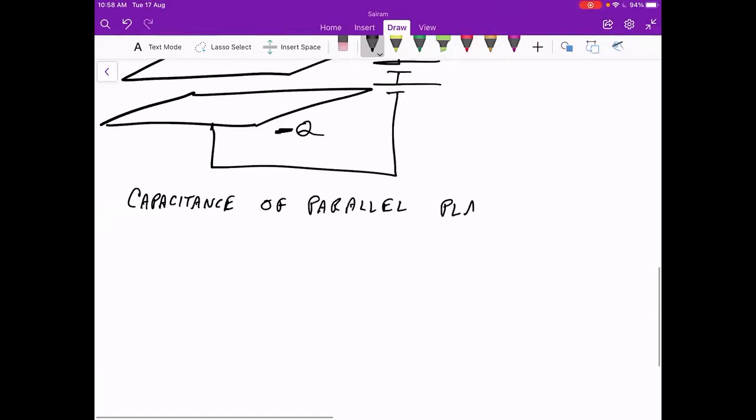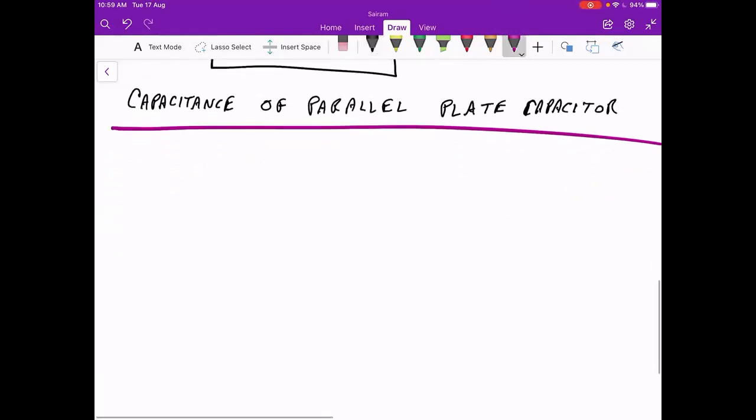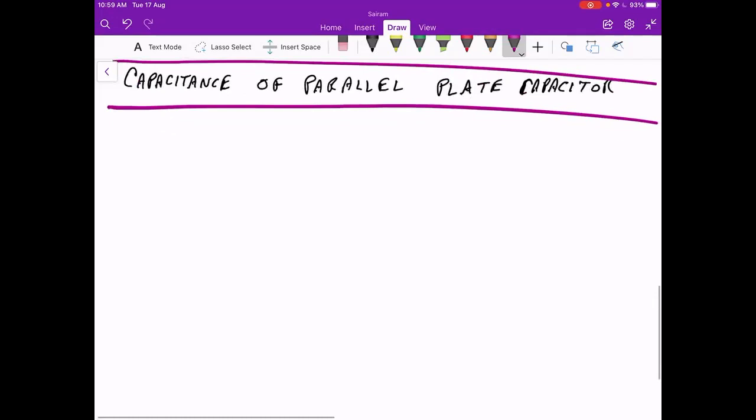So this is the first important part of this chapter. Capacitance of a parallel plate capacitor, how will we find it? Let's take a look.